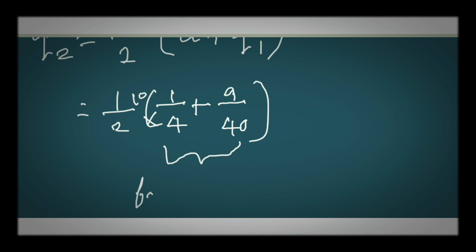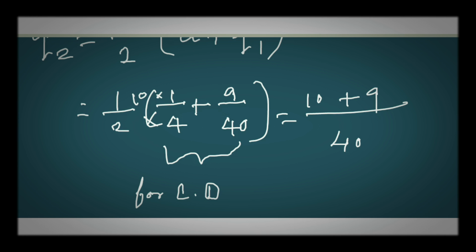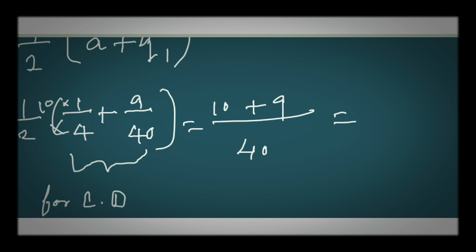And here just have a look at it. What are the denominators? 4 and 40. So we need to go with a common denominator. Multiply 1 by 4 by 10 and you will get 40, and make 40 your common denominator. The top value also has to be multiplied with 10.